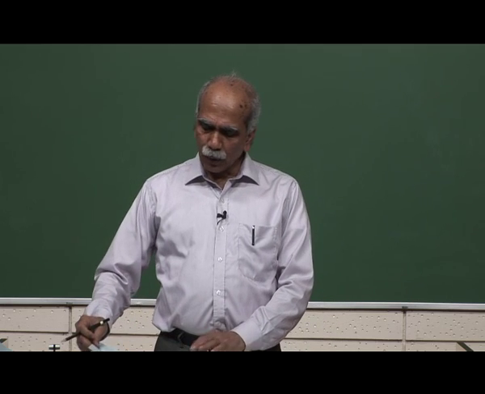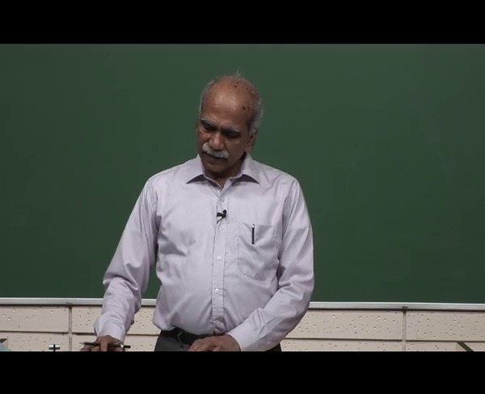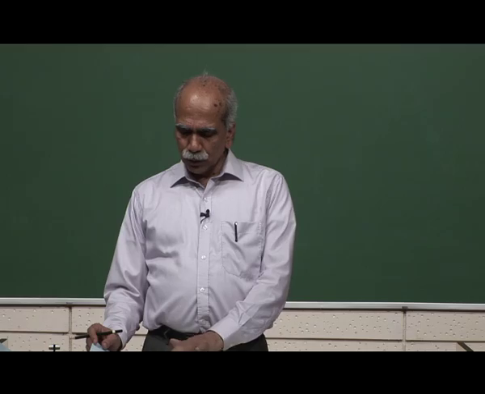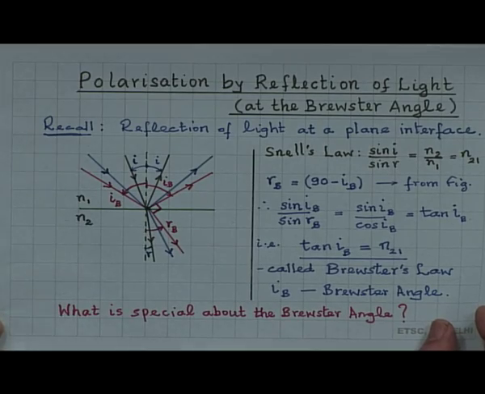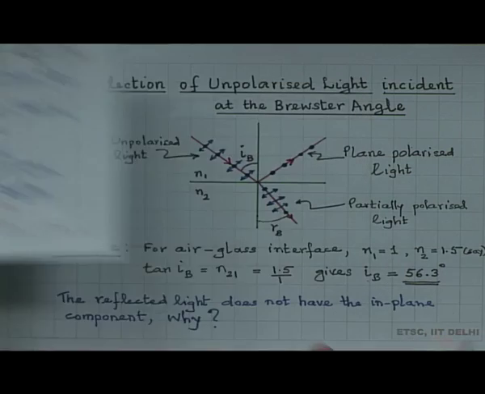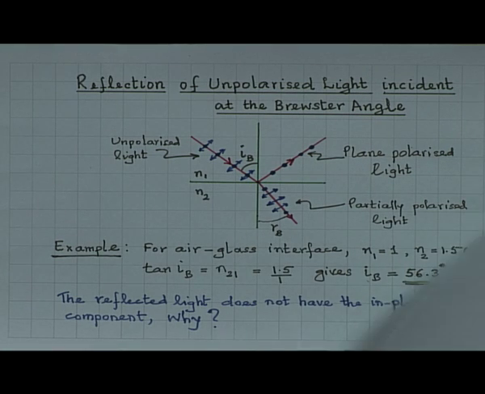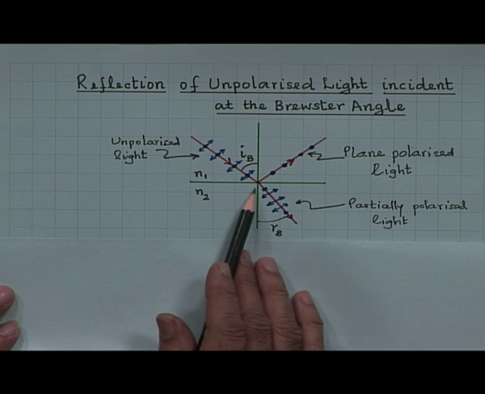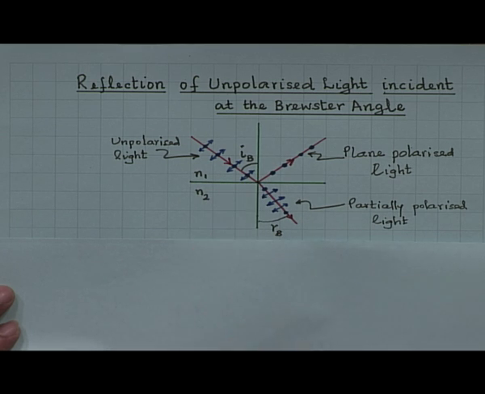Reflection of unpolarized light at the Brewster angle. In the earlier diagram, I did not show anything about the polarization. Now, I am showing polarization of the light in this diagram. There is unpolarized light incident at the Brewster angle.